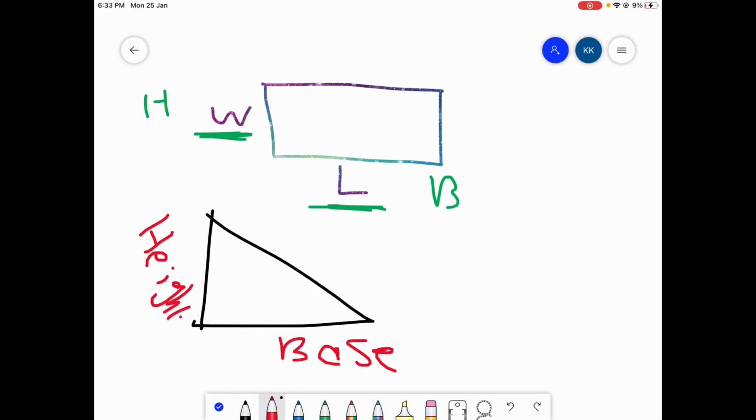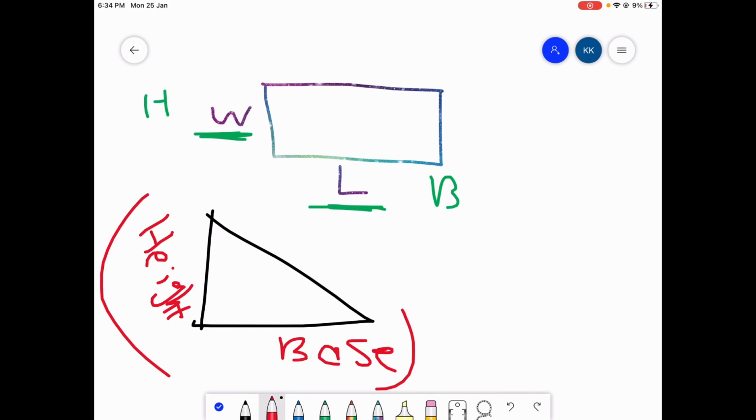Length and width will not work for a triangle because they will not give the correct calculation. Screenshot it so you don't forget.